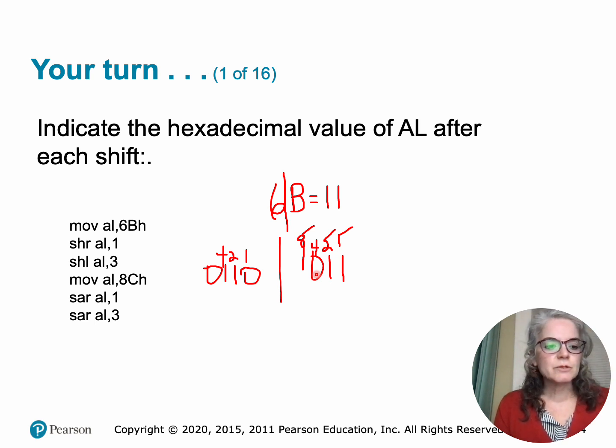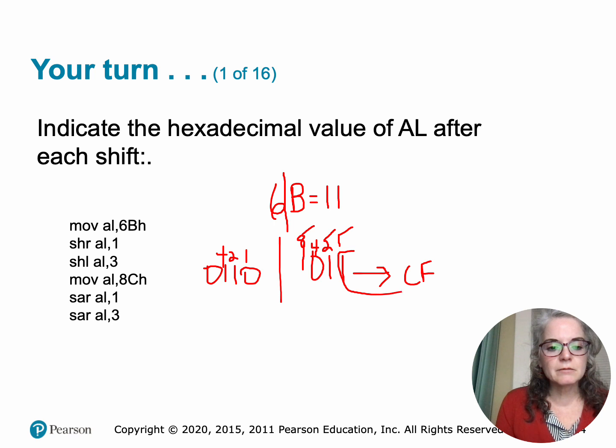And now we're going to do a shift right by 1. So I'm going to shift this way. My control flag is set to 1. Control flag is 1, and then I'm going to add a 0 at the end. So my new number is 0, 0, 1, 1. I'm going to do 4 bits and then 4 bits, and then 0, 1, 0, 1.